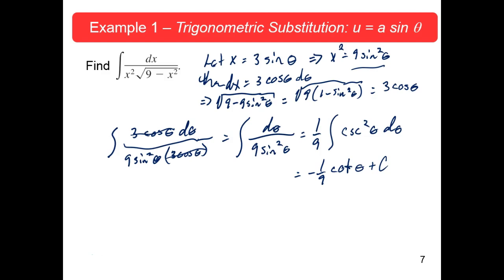Now, you can do it by remembering a lot of different trig identities, which could be painful, but the easier way is to go back to our very first substitution, let x equal 3 sine theta.